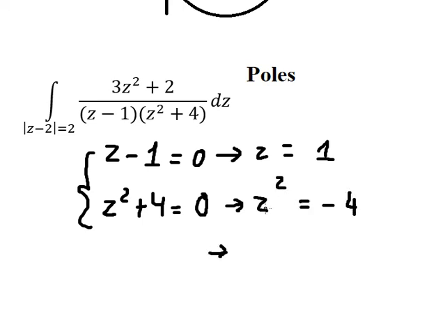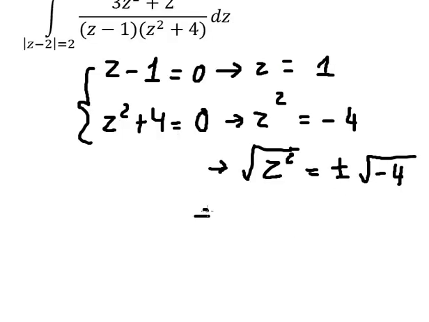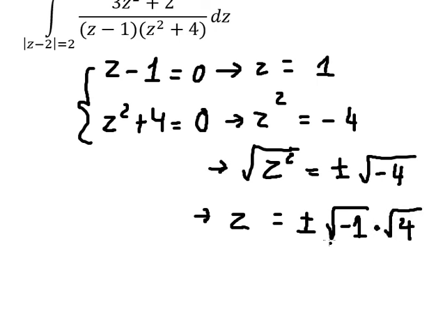So if we take the square root of both sides, we have positive and negative square root of negative 4. So z equals positive and negative the square root of negative 1 multiplied by the square root of 4. The square root of negative 1 we transform into i.